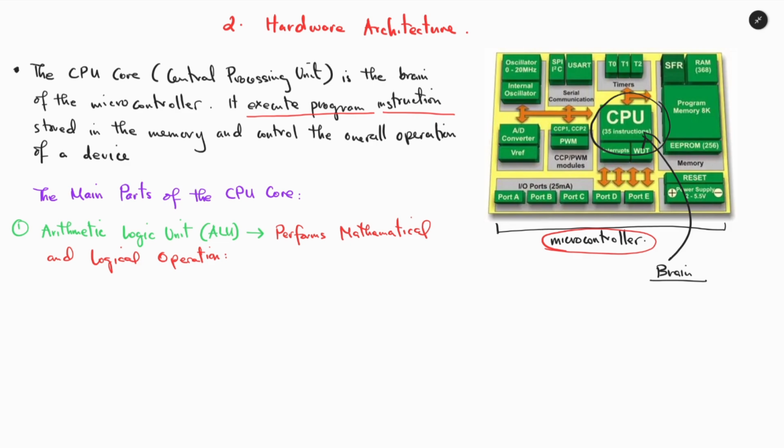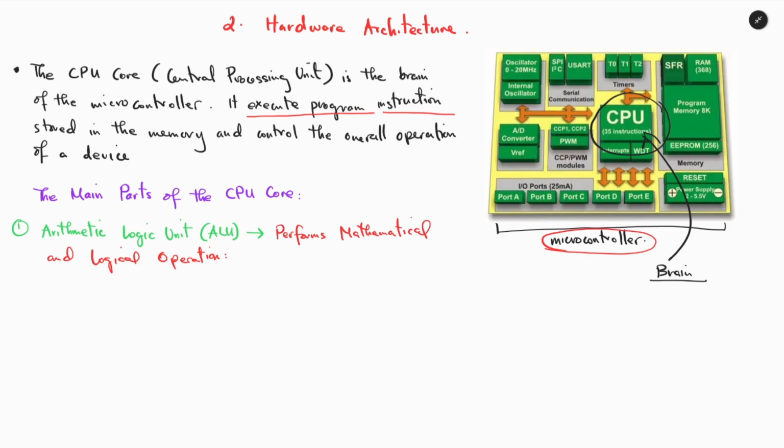Now we are going to look at the main parts of the CPU, which is the circuit found inside the CPU, and this circuit plays an important role in executing the information.